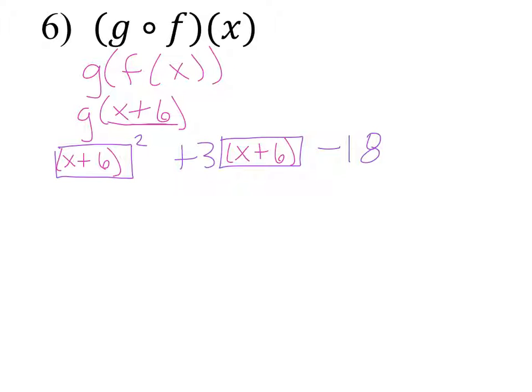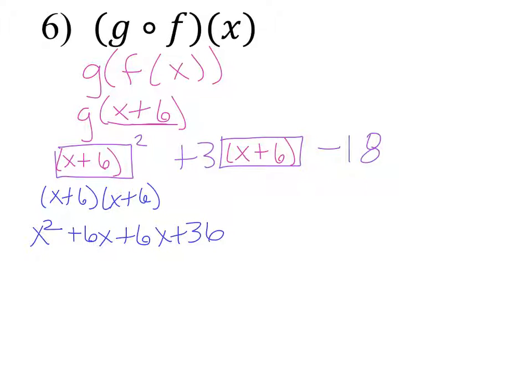This one is going to be much longer because this one I actually have to FOIL. So I have to do this part first to FOIL that out. My first, my outside, my inside, and my last. That's just me FOILing out this first part.